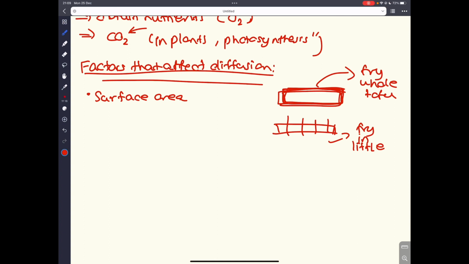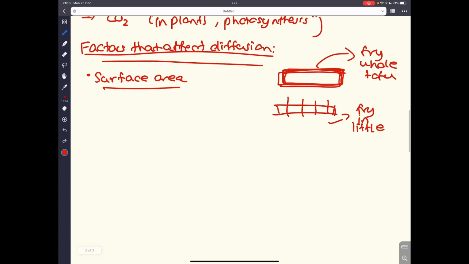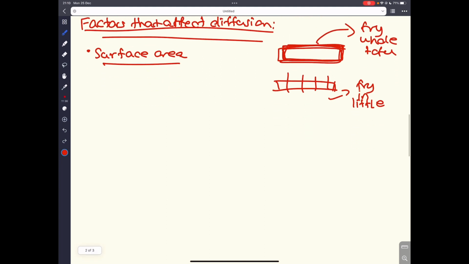This is basically the same as diffusion. If you increase the surface area, the rate of diffusion will also increase. Now, I know the tofu example might be a little bit difficult to conceptualize, so I'm going to give another example.